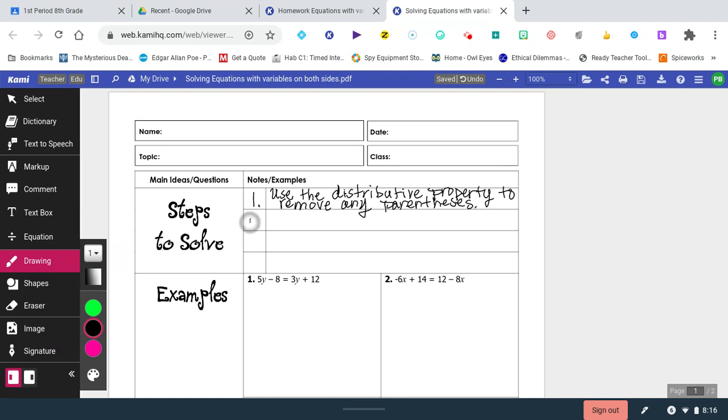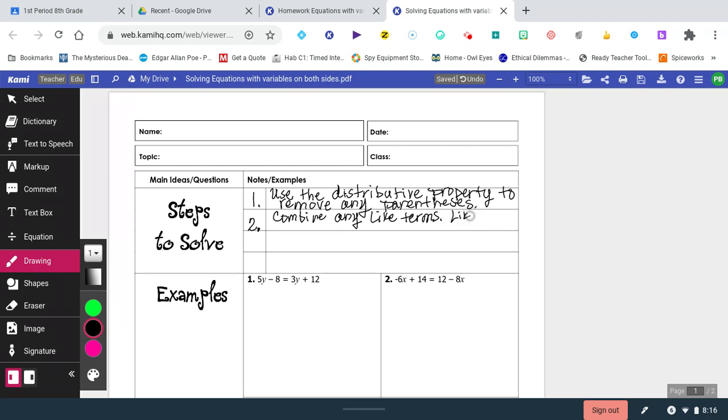All right, the second step will be to combine any like terms. Okay, so when I say combine any like terms, I need you to make this note.